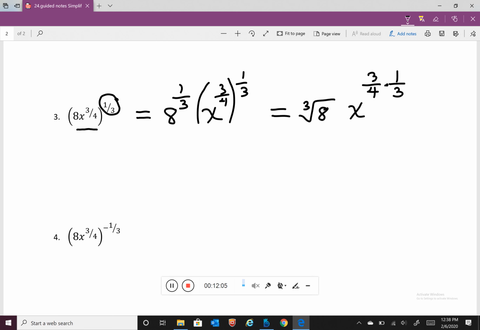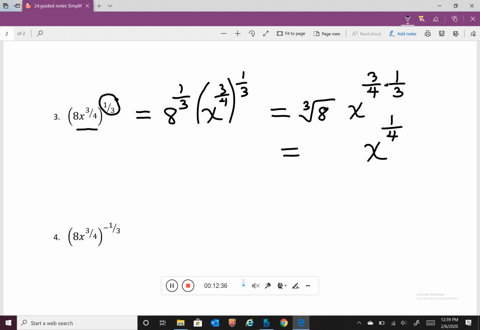And what do you notice there? Do you see that we can simplify those fractions? What cancels? Do you notice that we have a numerator of 3 and a denominator of 3, which will cancel? So this will give us x to the 1/4.